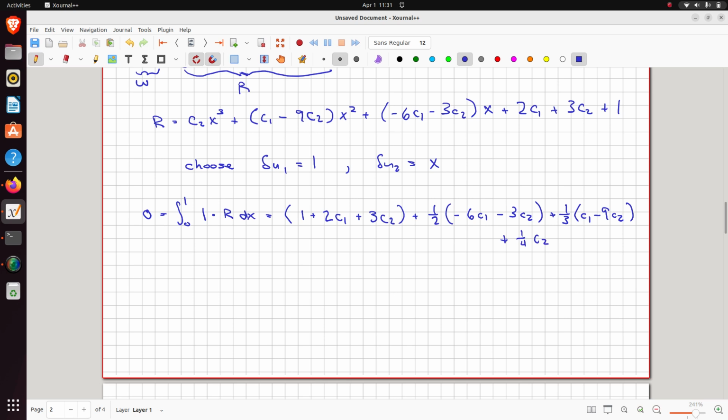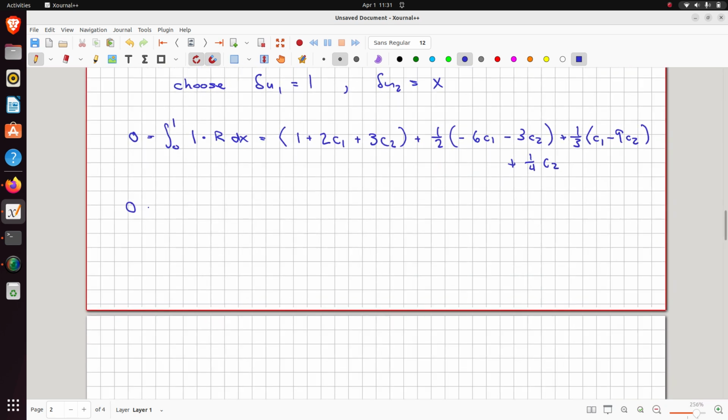So that's one equation. And now we have another equation using the second weight, which we said was x times the residual, and then carry out the integration.